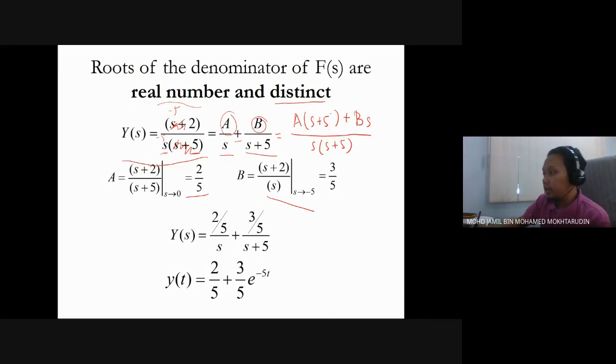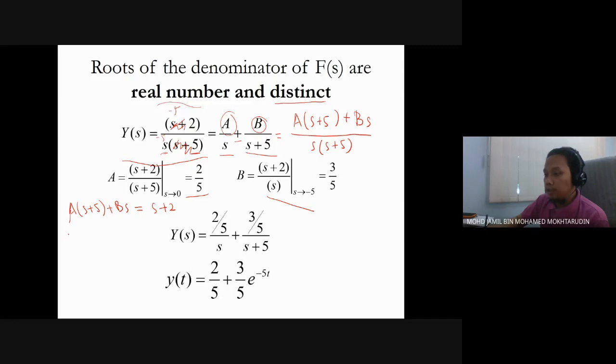Then I compare this fraction with the previous fraction, so I get a(s + 5) + bs = s + 2.